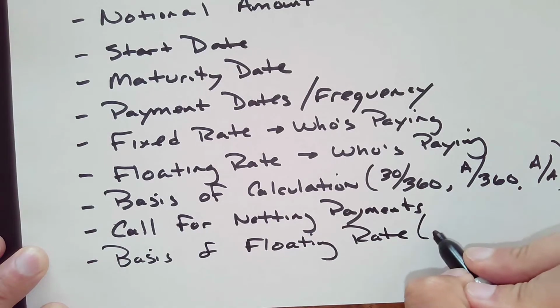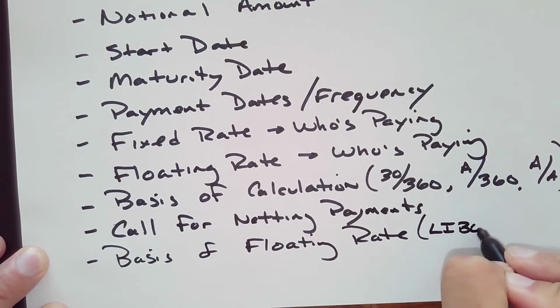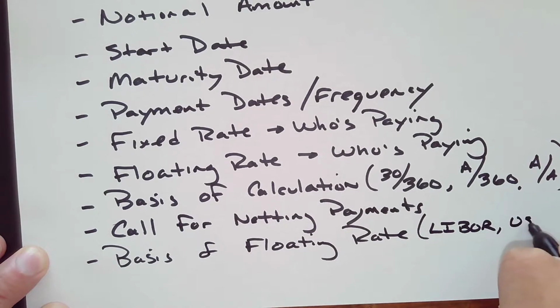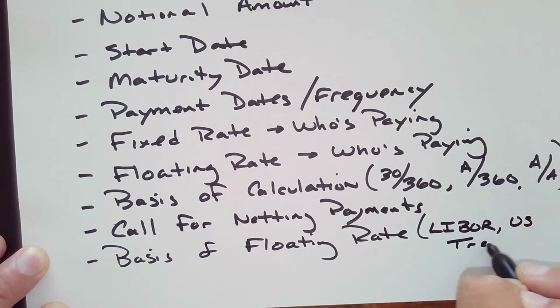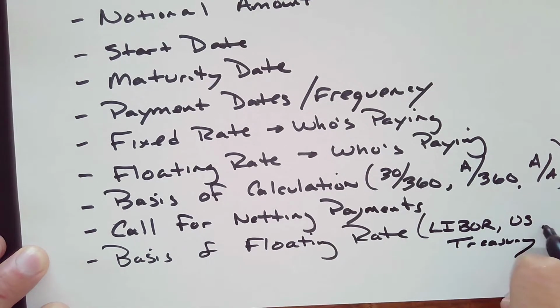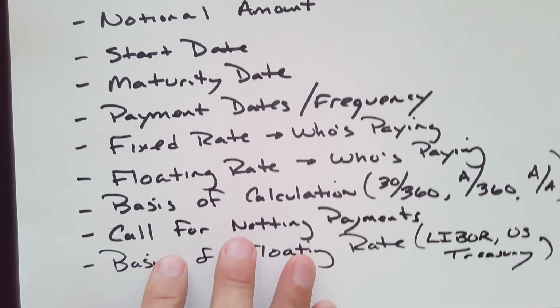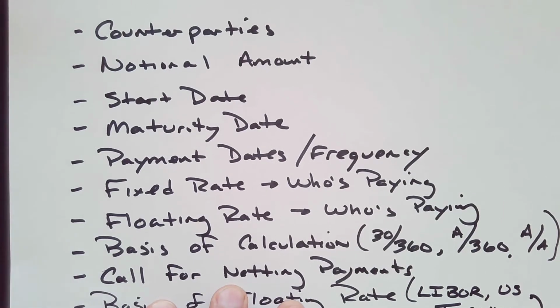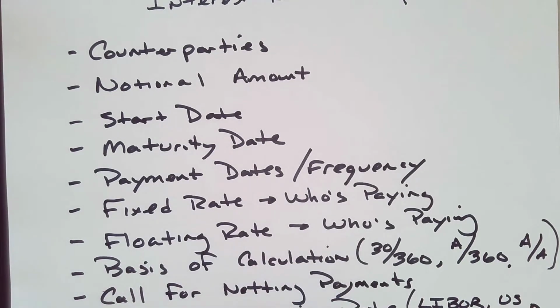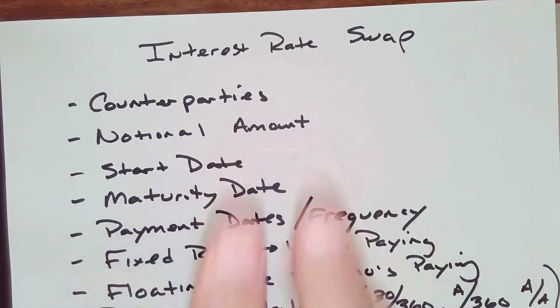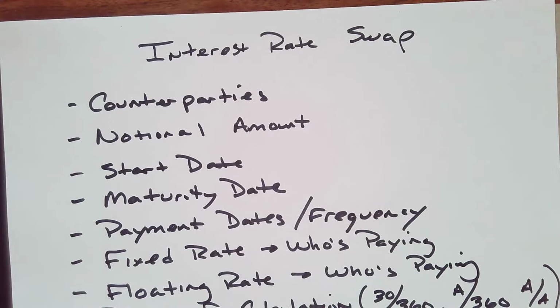So, for example, is it LIBOR, US Treasury? Those would be two market rates that we likely see. So these would be some of the key variables that you want to look for when you're looking at an interest rate swap.